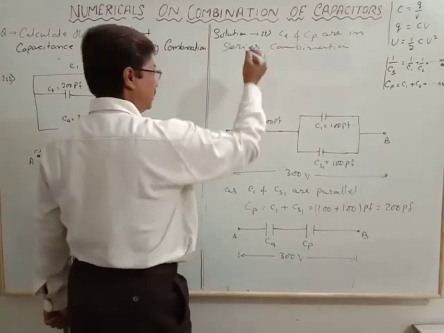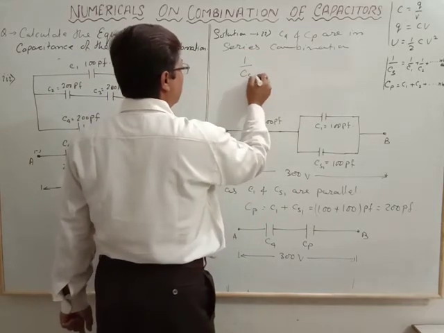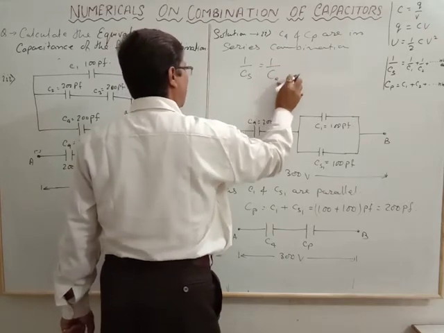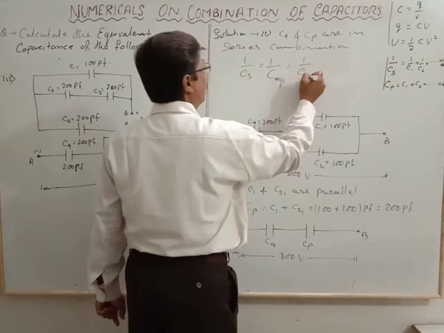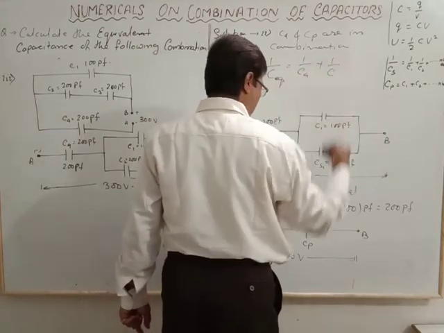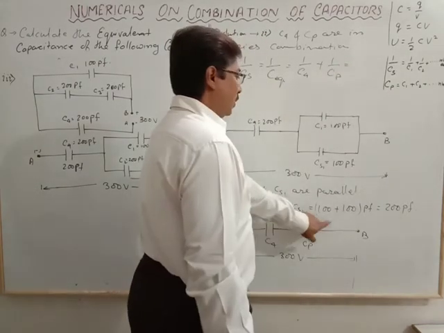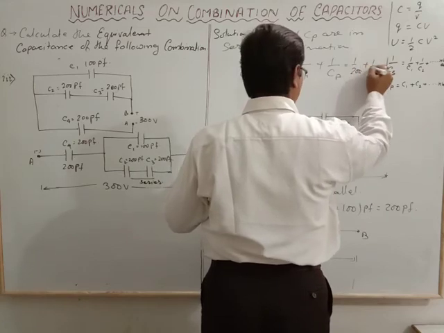That is 1 by CS2, that is equal to 1 by C equivalent, which equals 1 by C4 plus 1 by CP. So this value is equal to 1 by 200 plus 1 by 200.